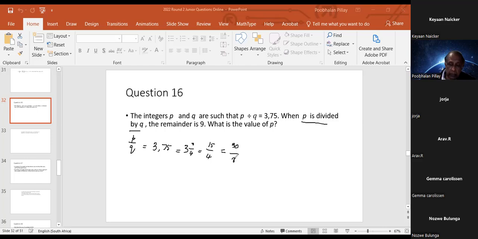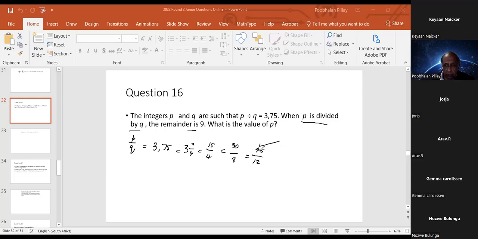Here, when you divide 30 by 8, 8 goes into 30 3 times, 24. The remainder is 6. All right, so let's go on. If you multiply 15 over 4 by 3, you get 45 over 12. And in this case, 12 goes into 45 3 times, 36, and the remainder is 9. So this is what we are looking for, right? So P over Q is still 15 over 4 if you simplify this, which is 3.75.